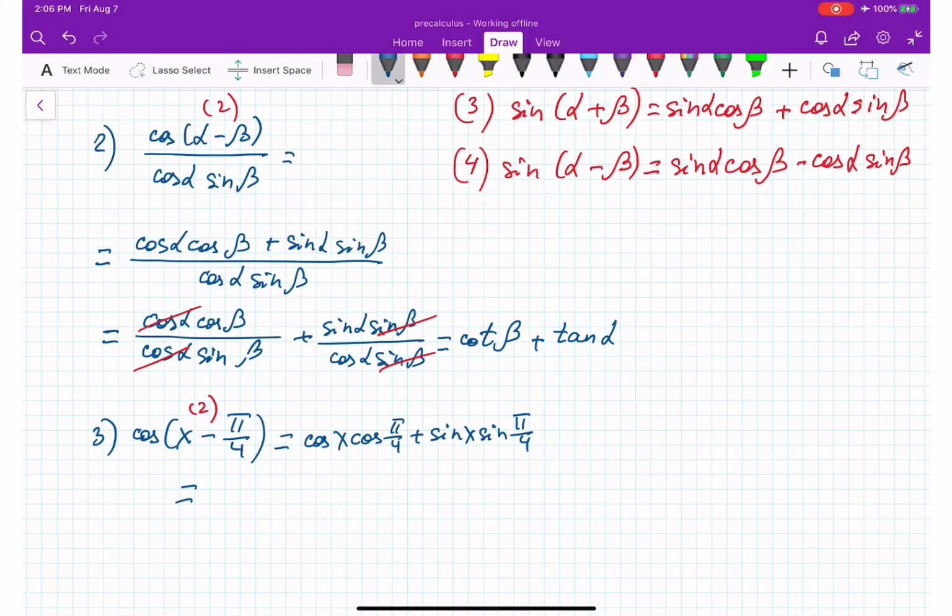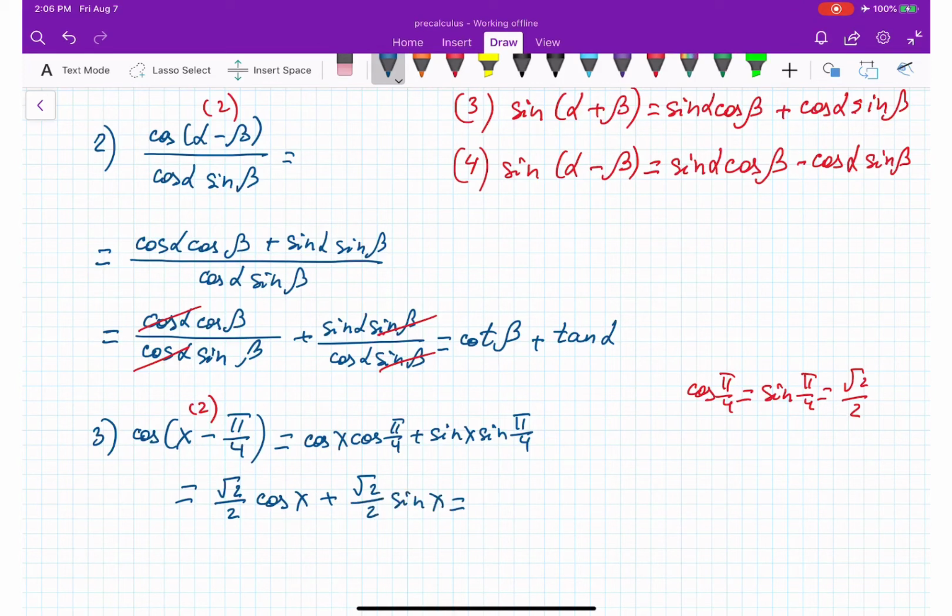Cosine pi over 4, it's 45 degrees. Remember when I said, let me write down on the side, cosine pi over 4 is equal to sine pi over 4, and it's equal to square root 2 over 2, which means we are getting square root 2 over 2 cosine x plus square root 2 over 2 sine x.